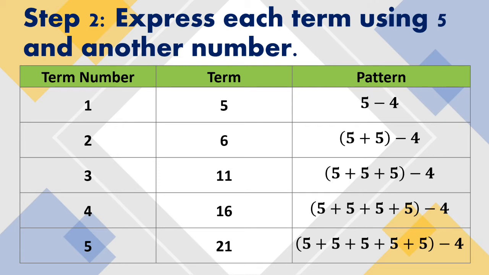On the second term, the term is 6. So when we use 5 plus 5 equals 10 minus 4, we get 6 for our second term.